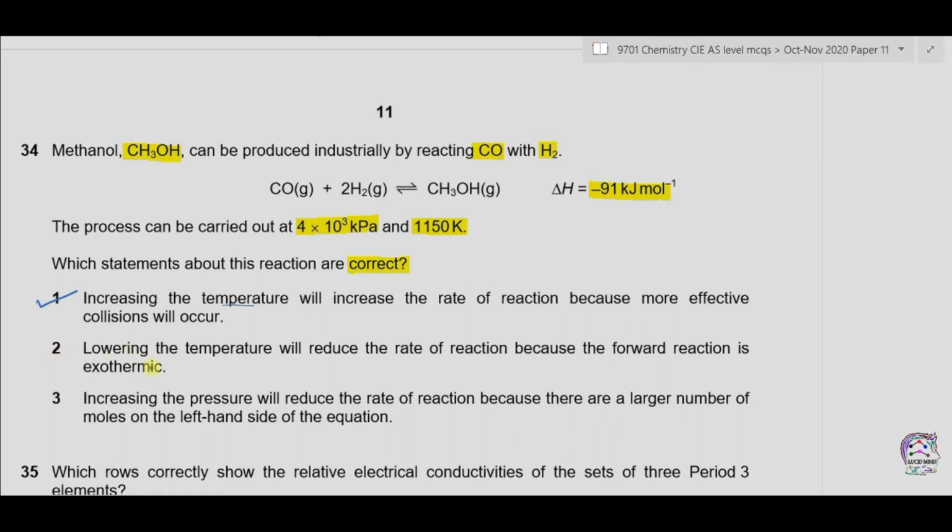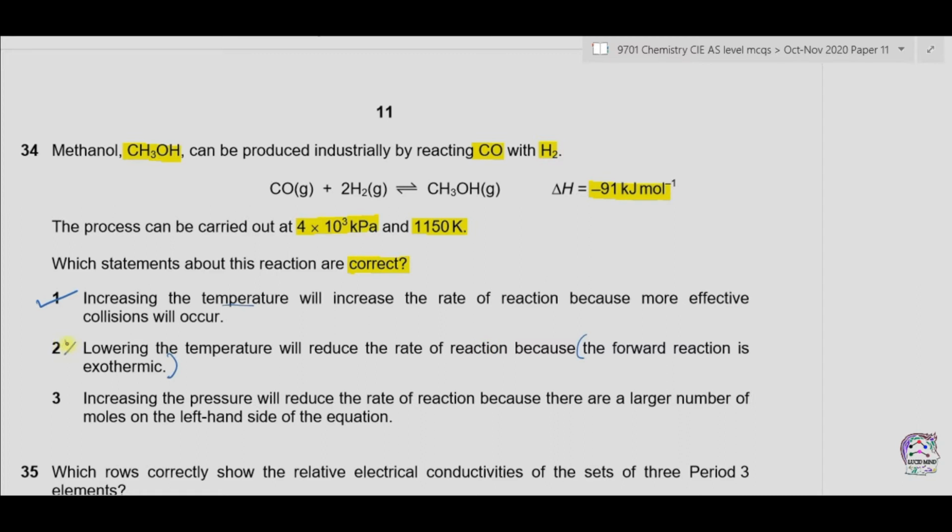Option 2. Lowering the temperature will reduce the rate of reaction because the forward reaction is exothermic. Now lowering the temperature does reduce the rate of reaction, but this reason given is incorrect. If the forward reaction is exothermic, lowering the temperature will shift the equilibrium in the forward direction. It will also reduce the rate of chemical reaction.